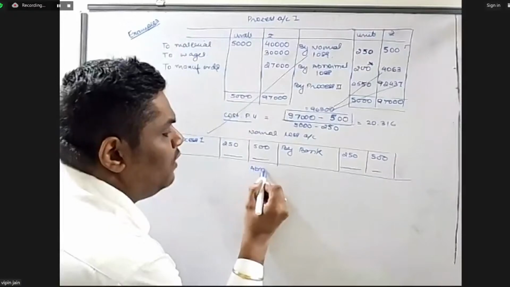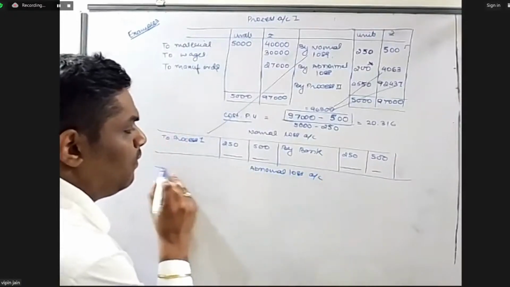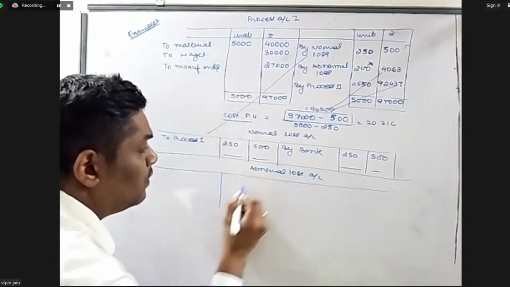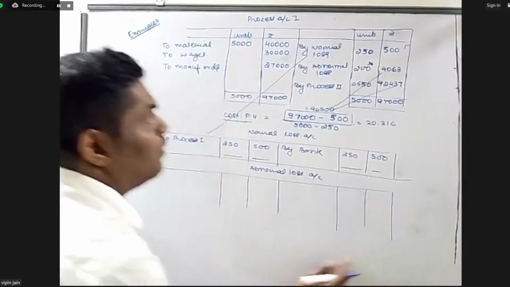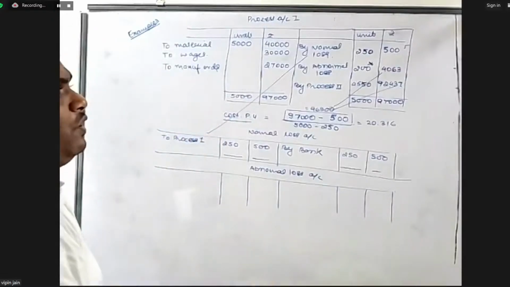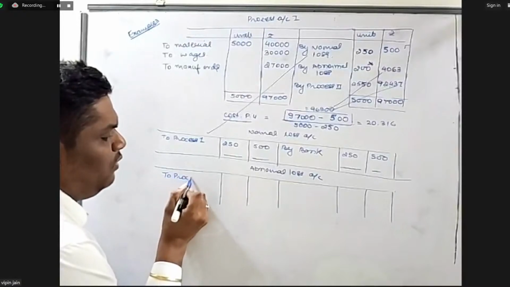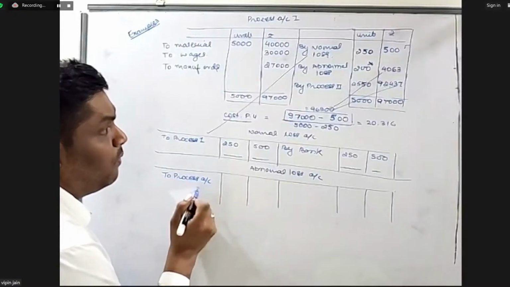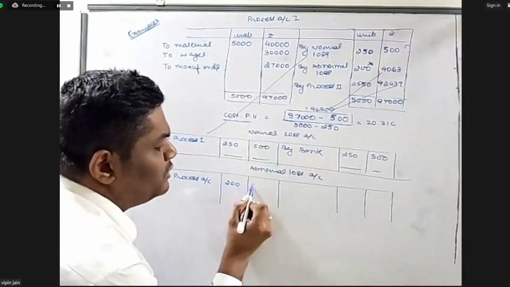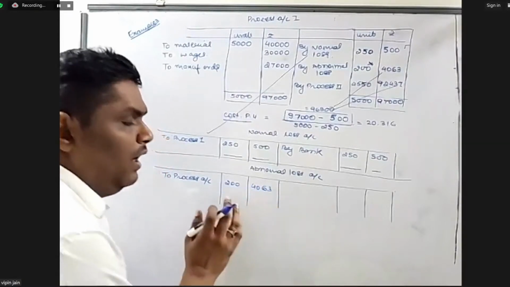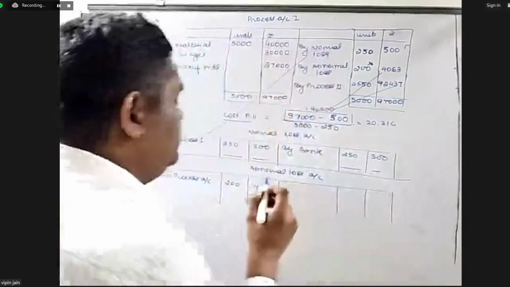When talking about abnormal loss account, again, to process account, that is 200 and 4063. We will assume that these units are also scrapped in the market.